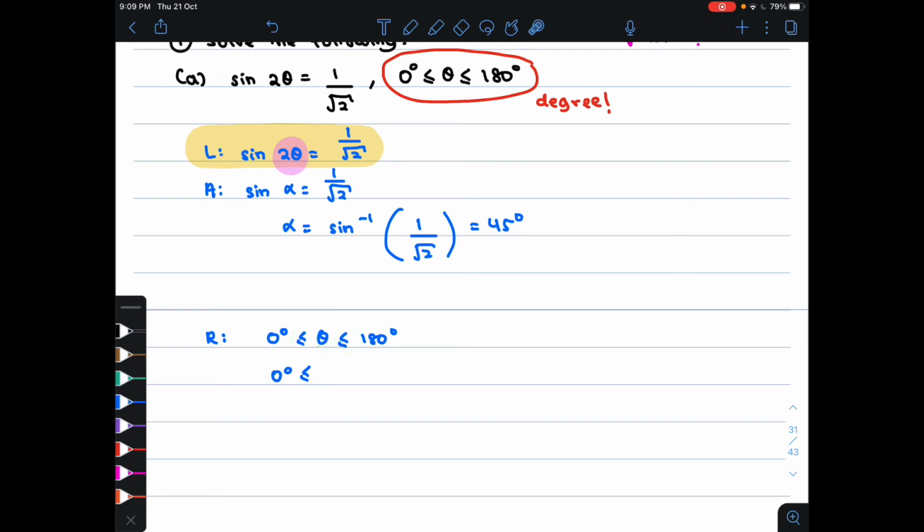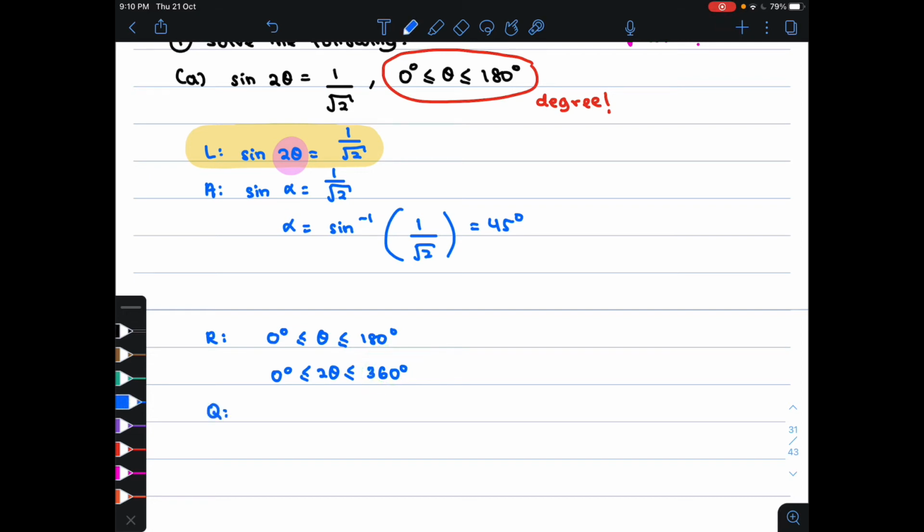Theta times 2 is 2 theta. And then 180 degree times 2 is 360 degree. So this means that for our question here, we need to consider our quadrant from 0 degree until 360 degree.